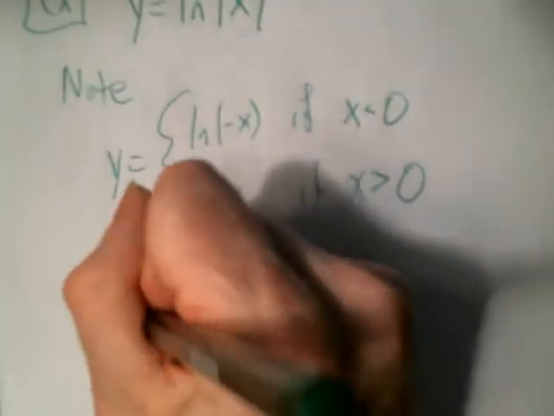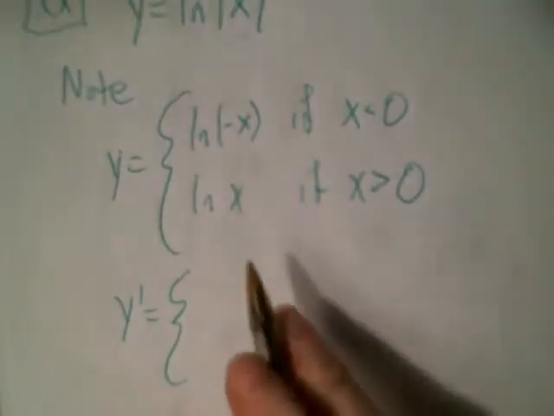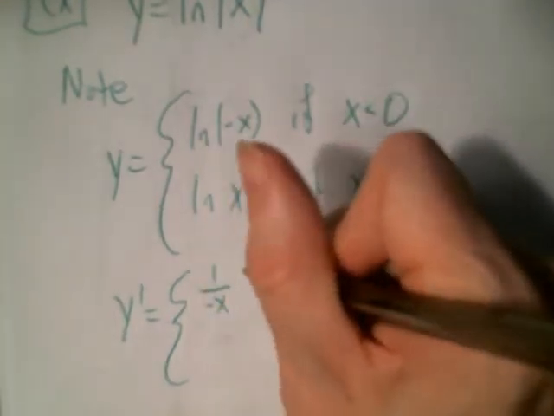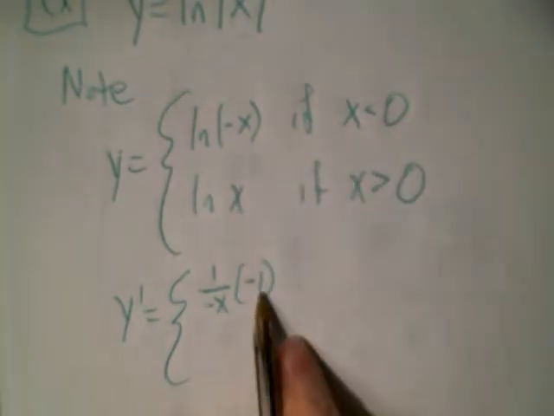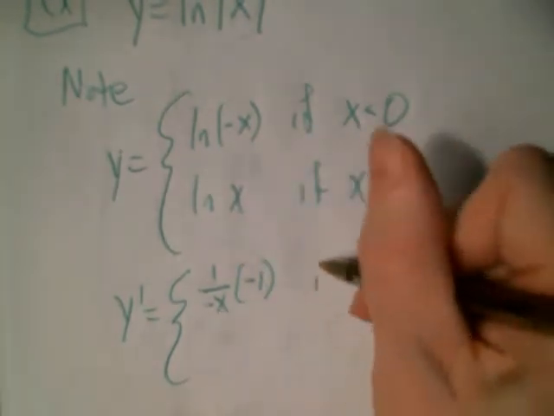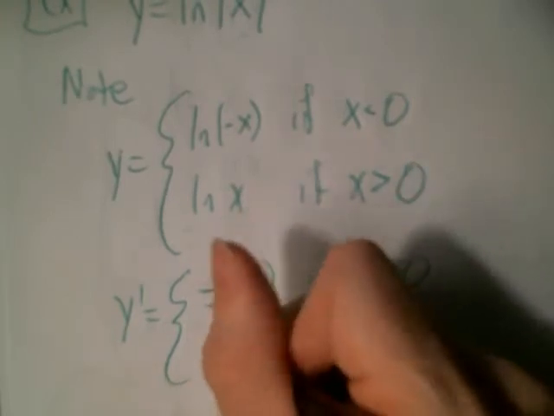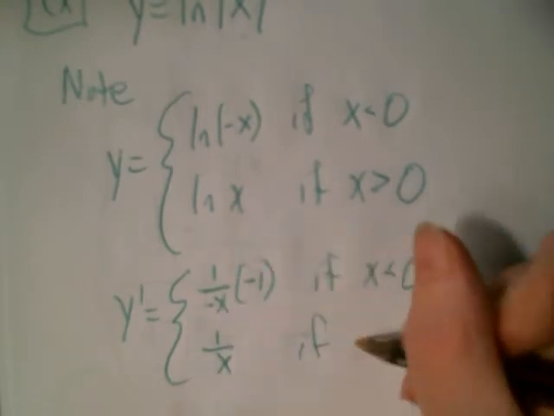To take the derivative of a piecewise function, you can literally just take the derivative of the pieces. So this first piece is 1 all over the guts, times the derivative of the guts. The derivative of negative x is negative 1. And then the derivative of this one is 1 all over the guts times the derivative of x, which is just 1, so we don't worry about that.